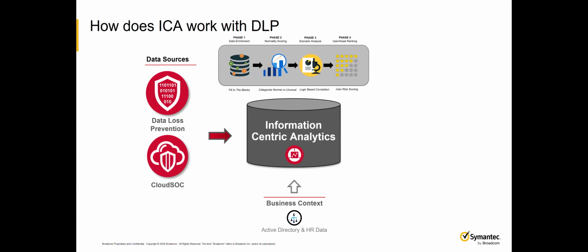So that's the user's manager, department information, their peers inside the department. Once it's completed that, phase 2 is normality scoring. We can now categorize normal versus unusual versus very unusual. Over time, as I mentioned, the more this normality scoring is completed, the more effective and robust it becomes.